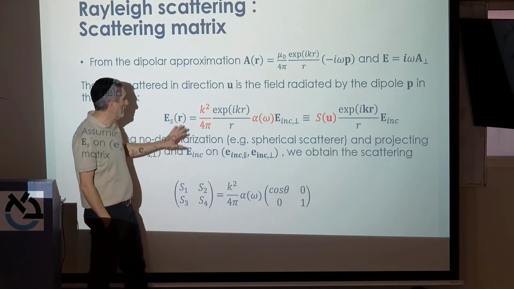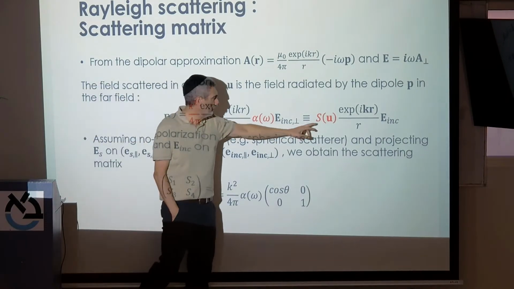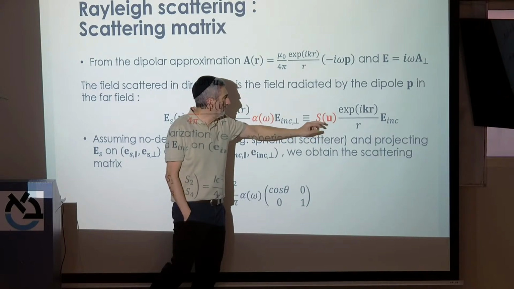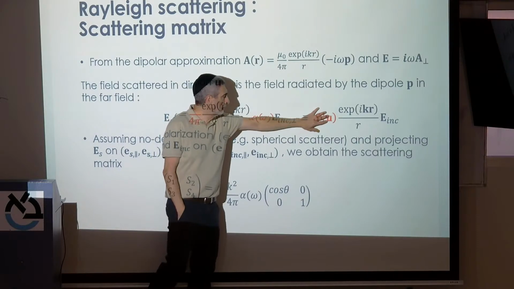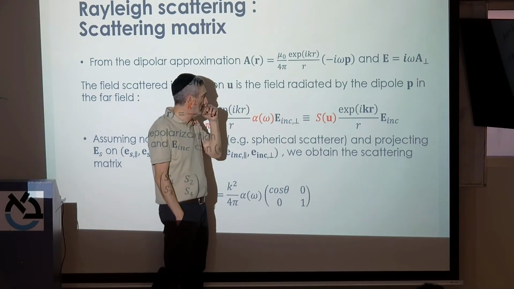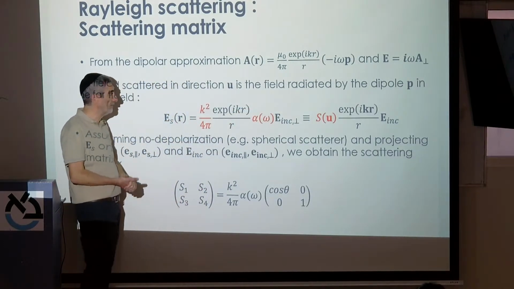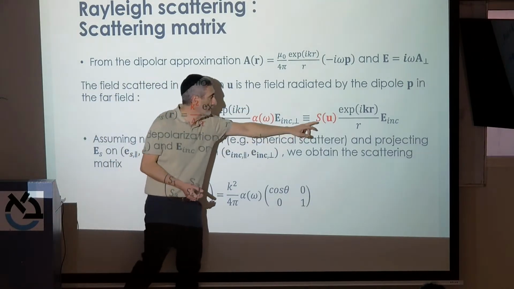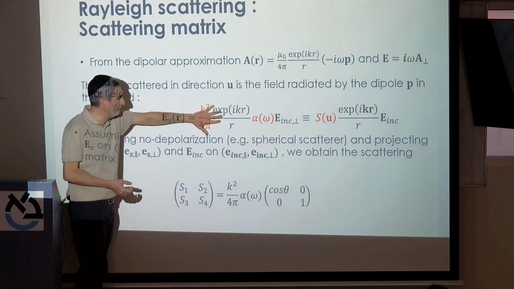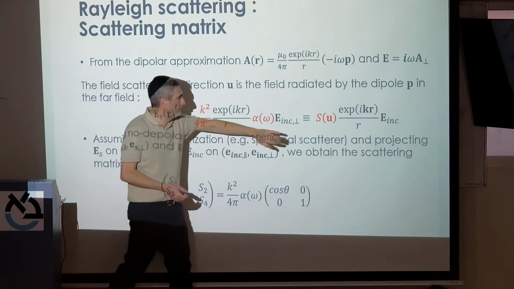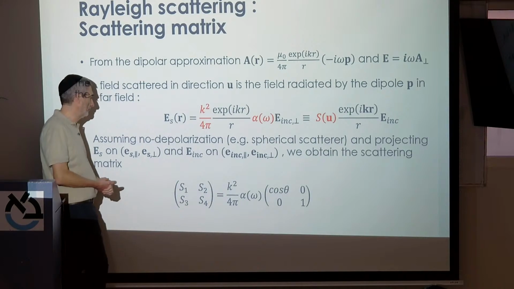And this is, by the definition that we gave in the first class, given by the scattering amplitude S of u times the spherical wave exponential ikr over r. So now we have an expression for S of u from this equation here. Today we calculated that, and last time we put it in this form, and now we have a way to calculate S of u.